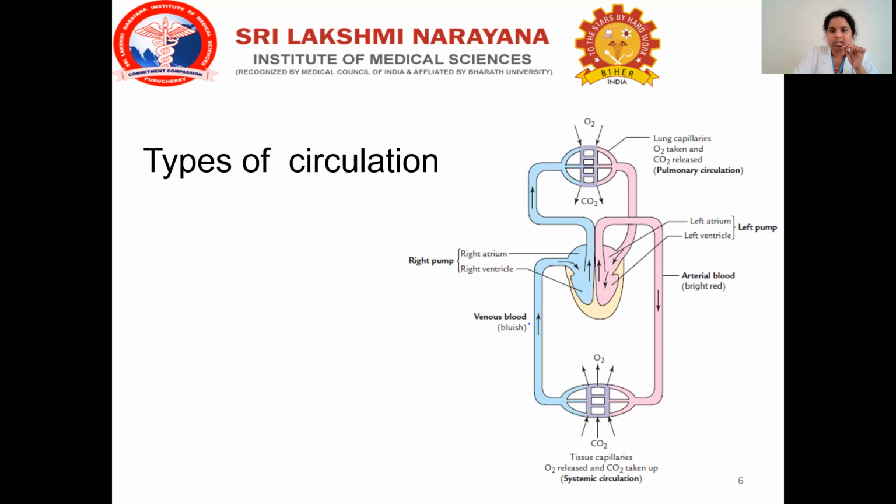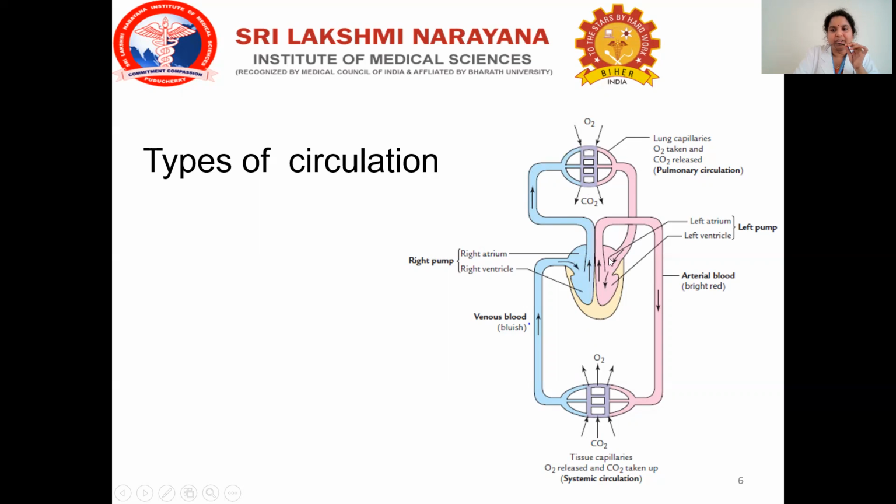From the right ventricle, blood leaves through the pulmonary trunk and pulmonary arteries, and enters the lung for oxygenation. After picking up the oxygen, the oxygenated blood enters back into the left atrium through four pulmonary veins. So this circulation, starting from the right atrium and ending in the left atrium, is the pulmonary circulation.